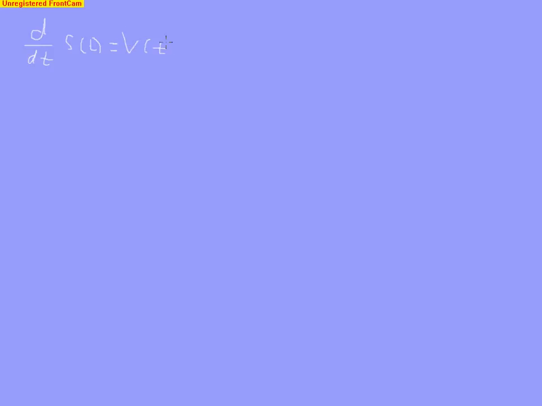So in reverse again, if you were trying to find the position function, you will be taking the integral of the velocity function dt.